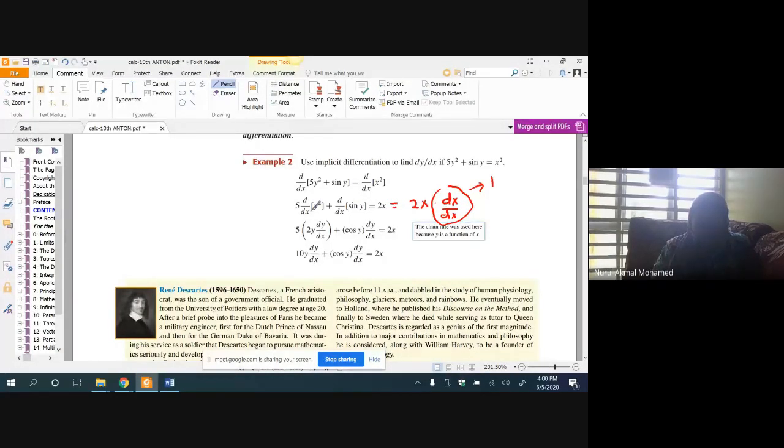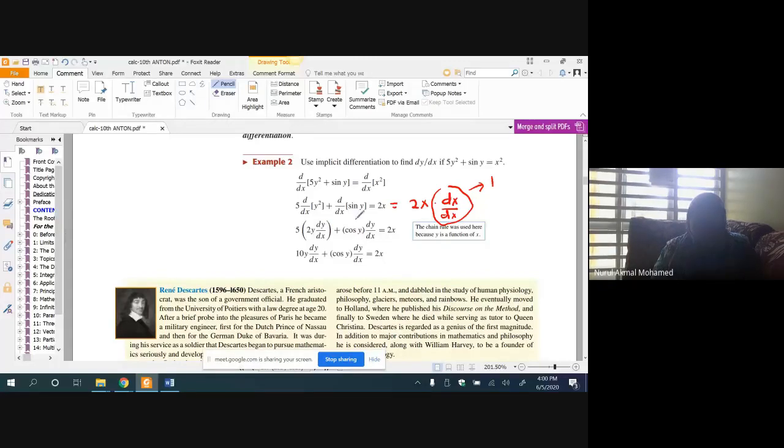But for those with the variable y, we still have to write dy dx because it is not cancelled. The derivative of y with respect to x is not cancelled, not like if you differentiate x with respect to x. So that's why this one gives you 10y dy dx.